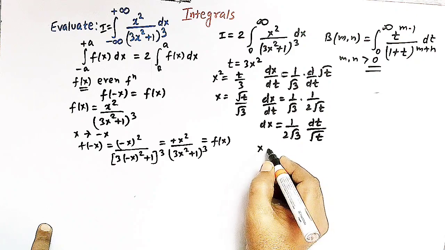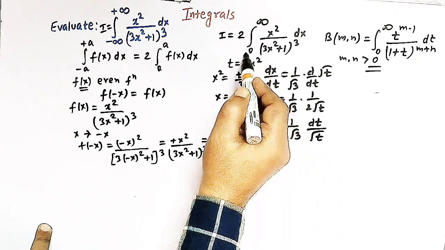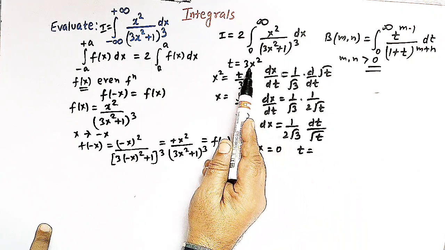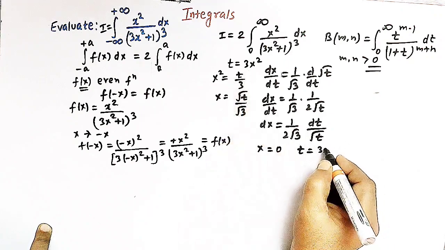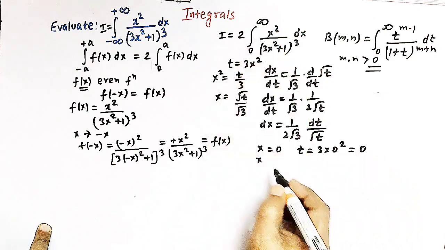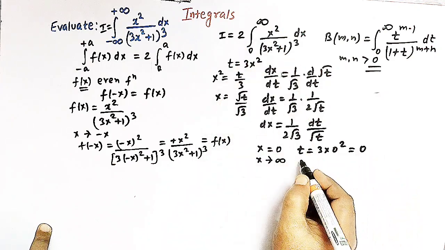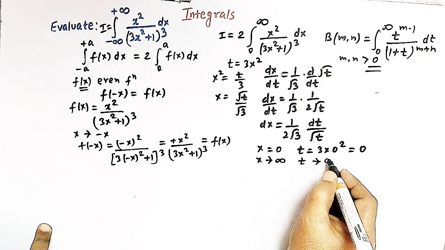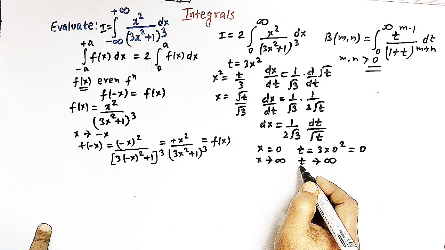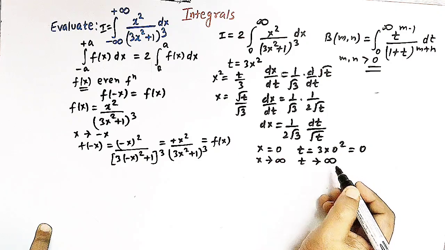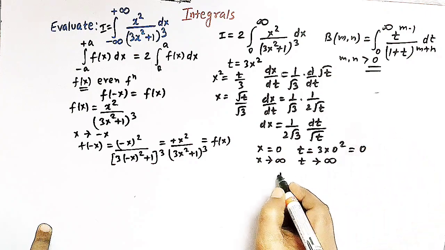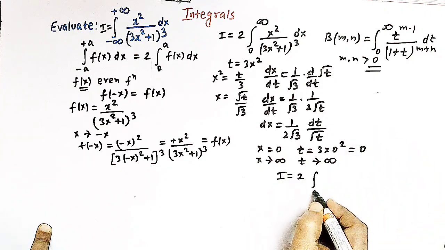So when x is equal to 0, which is the lower limit, the value of t can be obtained from this relation. So we have 3 times 0 square, that is 0. And when x tends to infinity, then t also tends to infinity, because here we have 3 times infinity square, that is also tending to infinity, right? So now we can write this integral I as the integral from 0 to infinity.